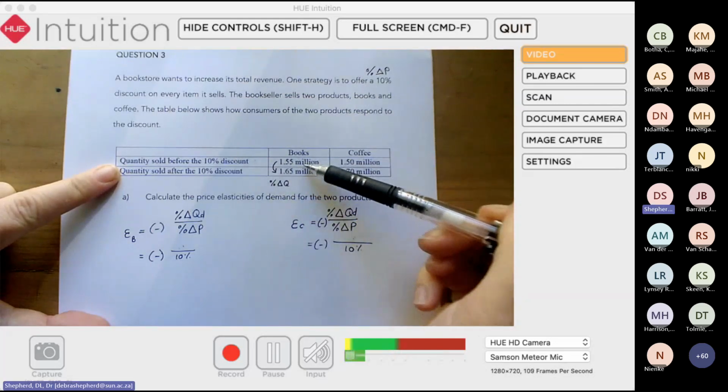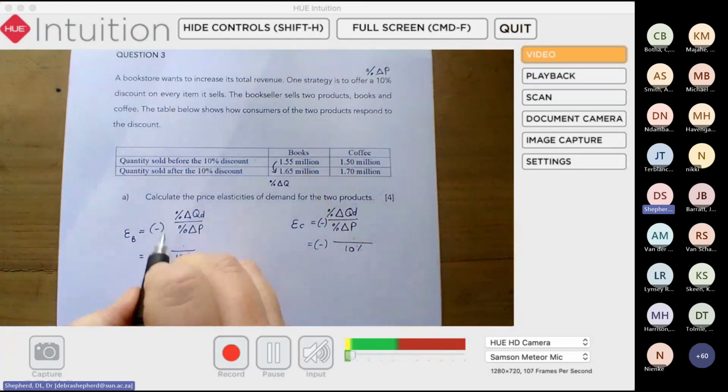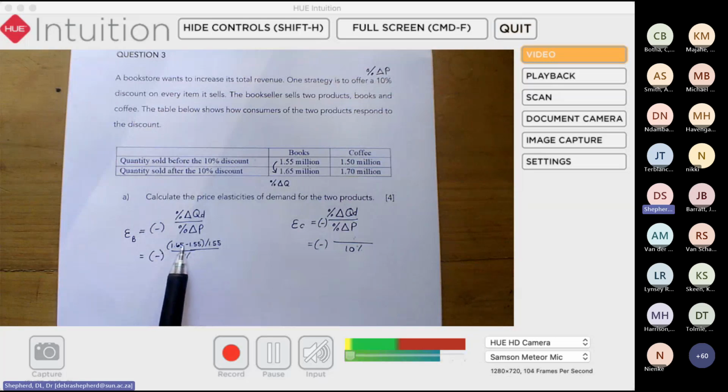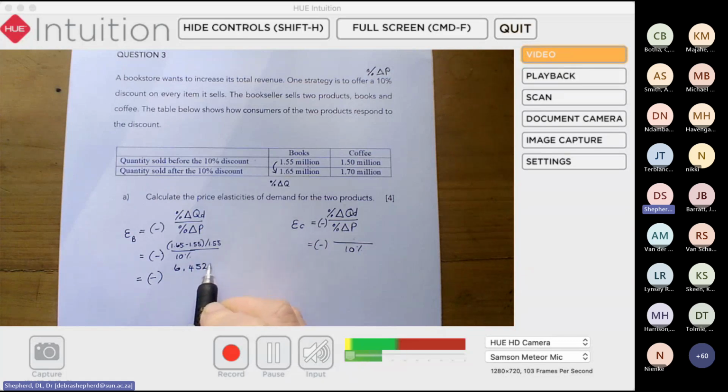So the percentage change in quantity here would be 1.65 minus 1.55 divided by 1.55. So the change in the quantity demanded of books is going to be 0.1 million, divided by 1.55 million, which is the original, we would get 6.452%.